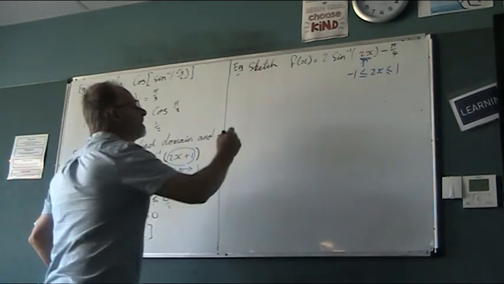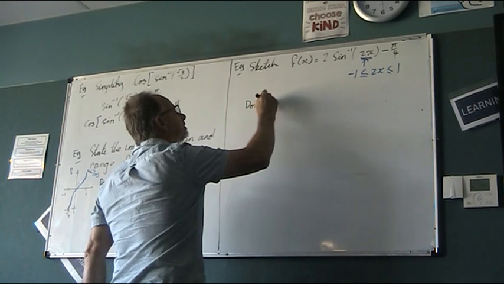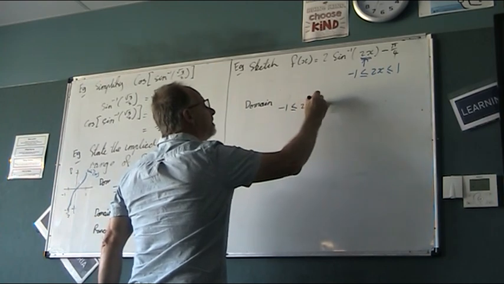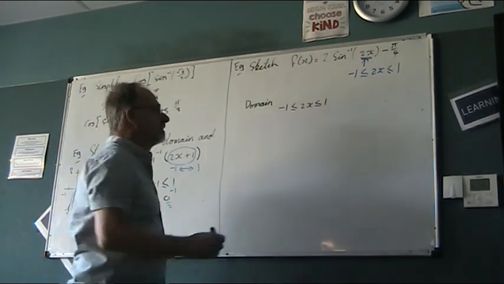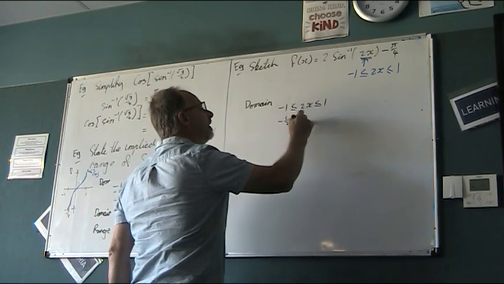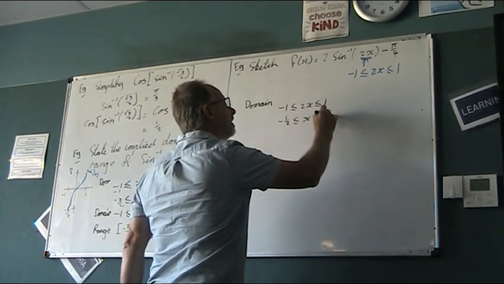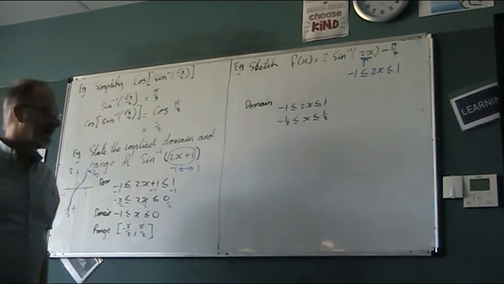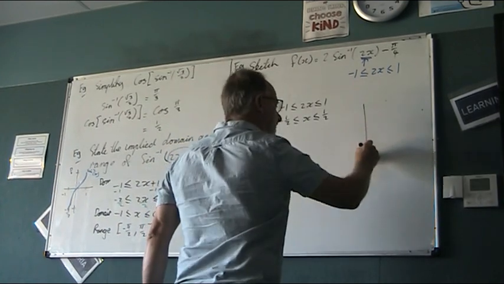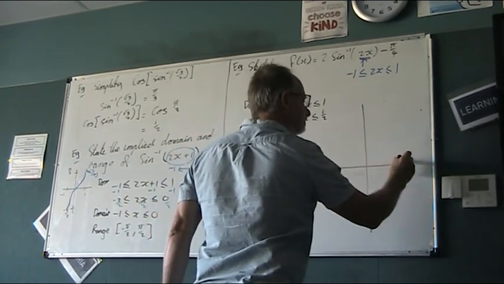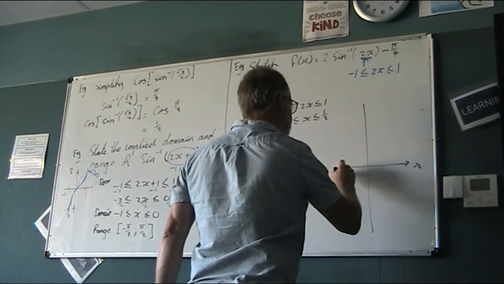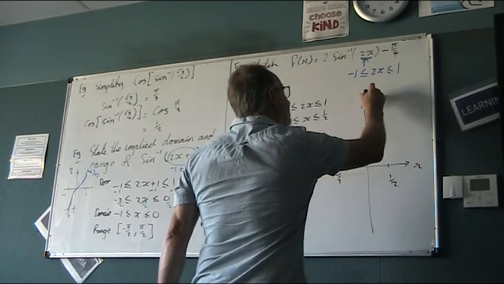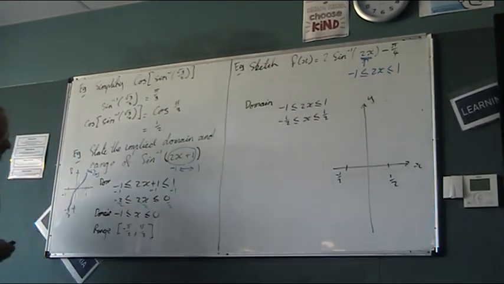So x has got to be between -0.5 and 0.5. So when we are drawing our graph, we're going to get that.